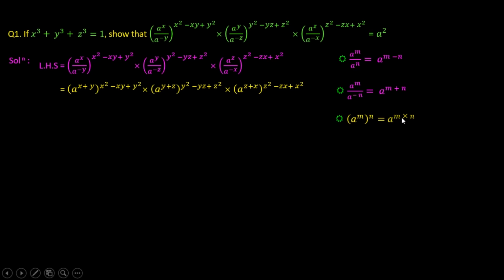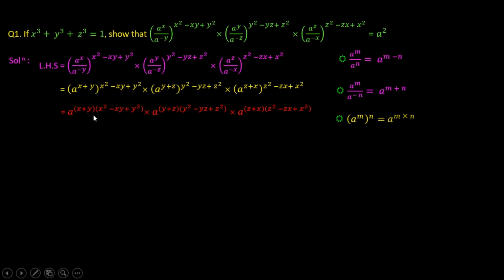We have to multiply only the powers. Okay, so similarly here x plus y as m, and this part x square minus xy plus y square as n. We have to use this formula. Then you get like this.